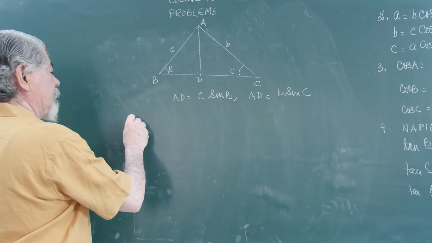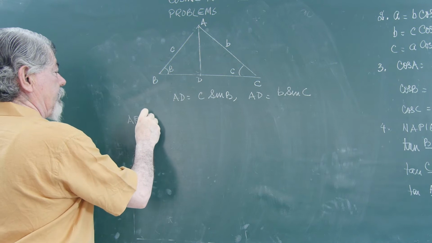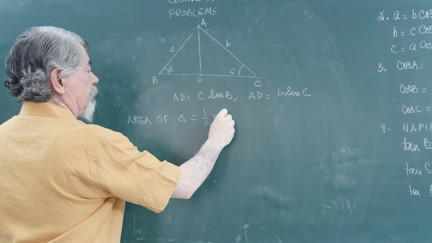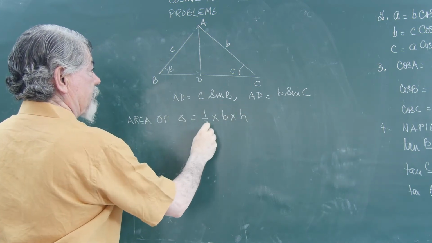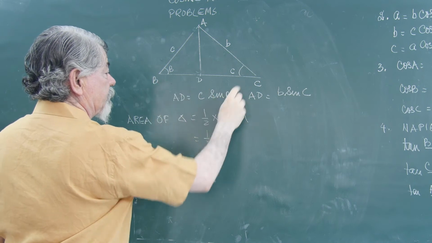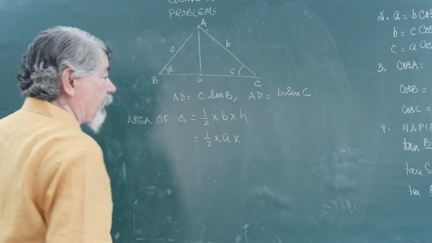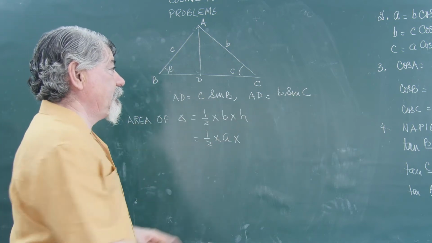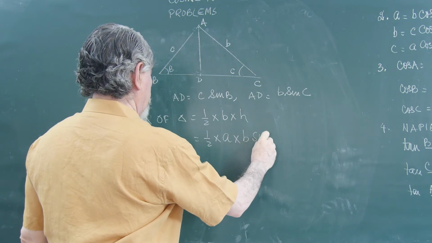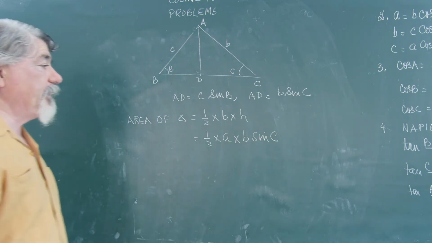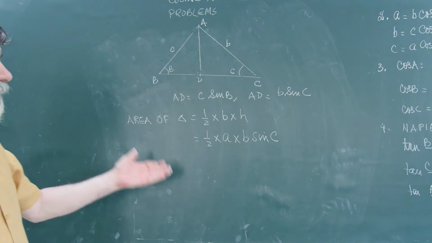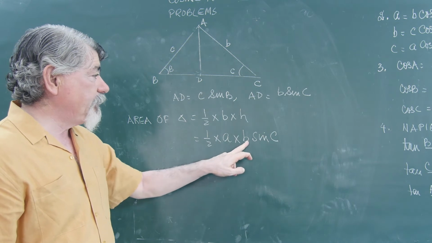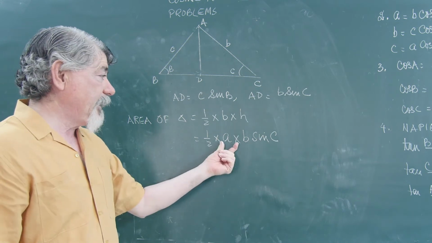What is the area of triangle? Area of triangle is half base into height. Base here is BC, which is a, into height. What can be the height? I can write b sin C. So it can be half ab sin C. Area of triangle can be half ab sin C. Please remember, side a and b have come.